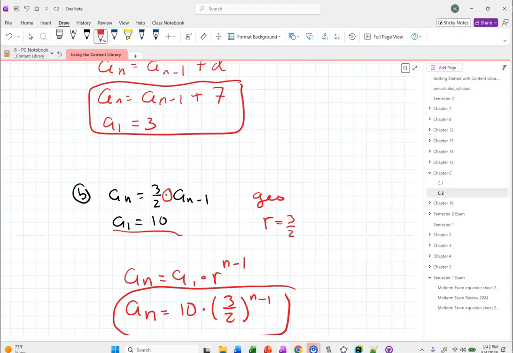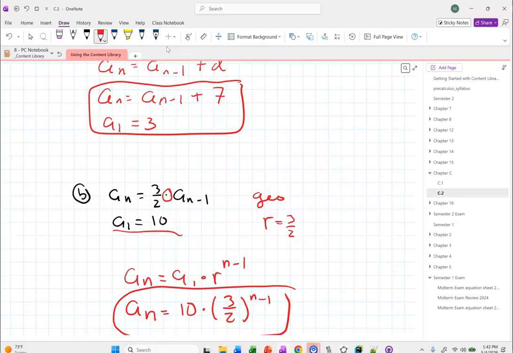So at this point, we've outlined how to go from a sequence to an explicit or recursive formula, from 2 terms to the explicit or recursive formula, for both arithmetic and geometric sequences.